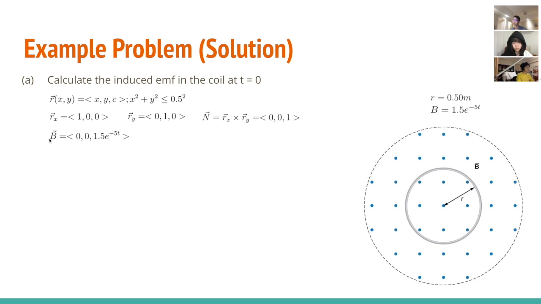Now, recall the definition of magnetic flux. It's the surface integral of the magnetic field vector dotted with dS, over the surface. We can use our knowledge of surface integrals to simplify the equation into this second form.